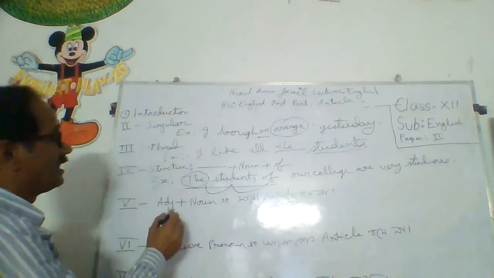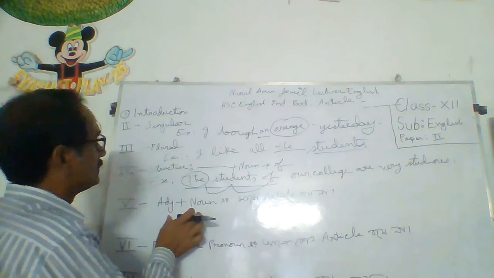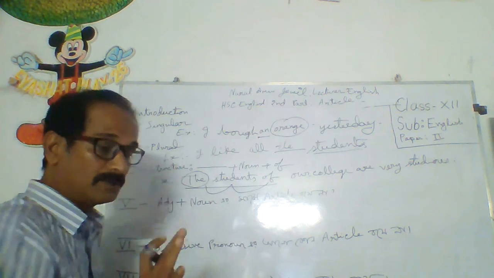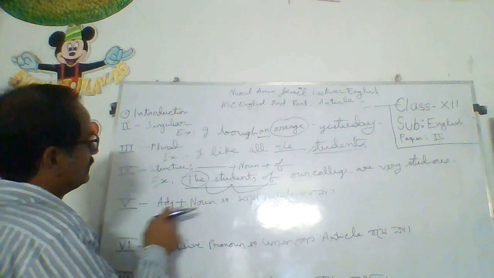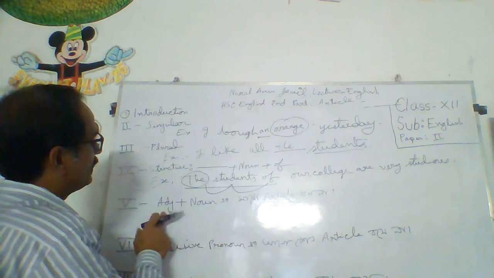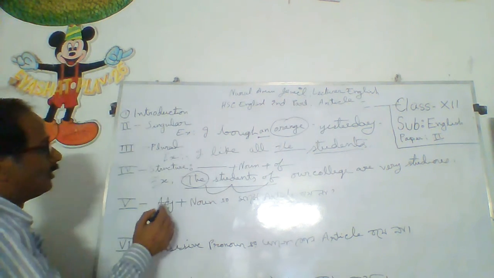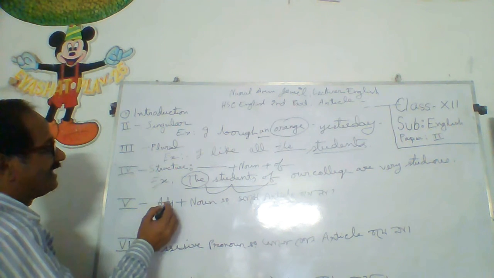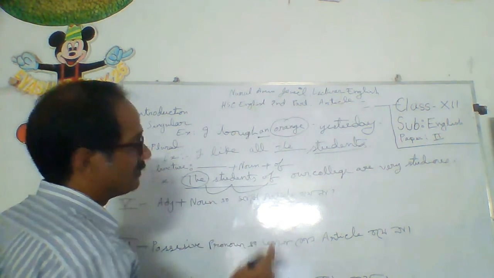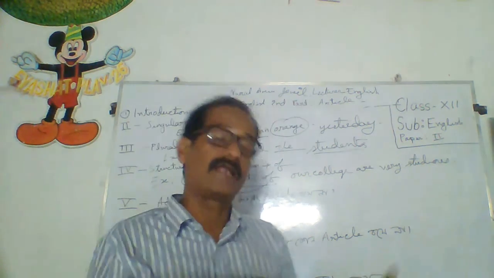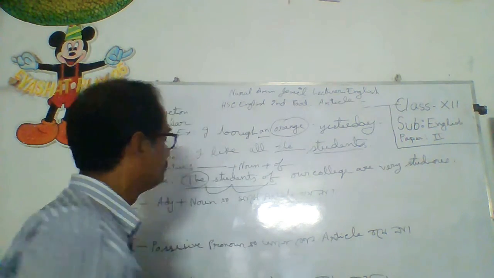Next, adjective plus noun. No article should ever be used between an adjective and a noun. That is, when there is an adjective adjacent to a noun, in the middle of the adjective and the noun there shouldn't be any article.